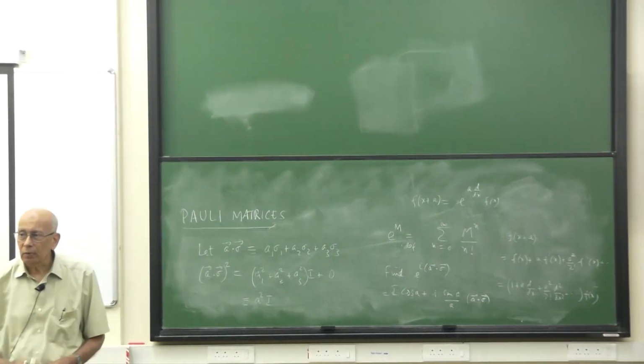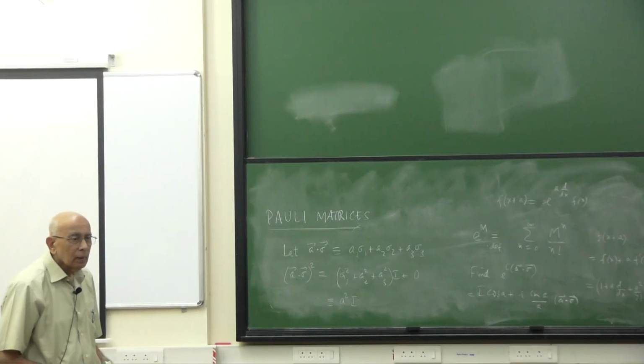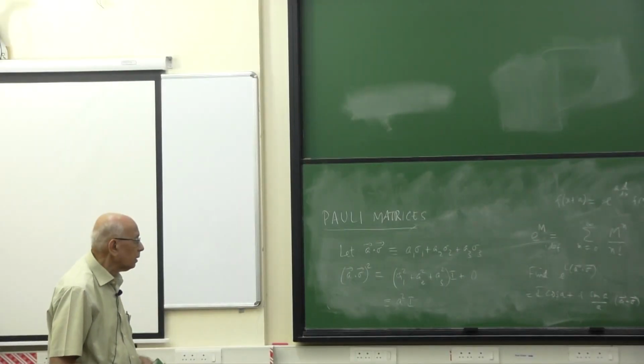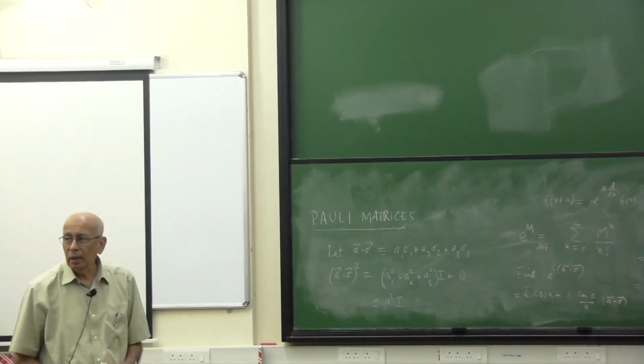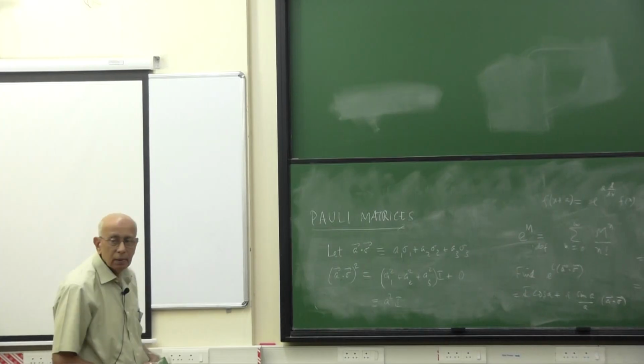Matrix generalization of the Euler formula. Not hard, the things would follow one after the other from these sigma matrices. So the sigma matrices are really, really very useful in all of physics.